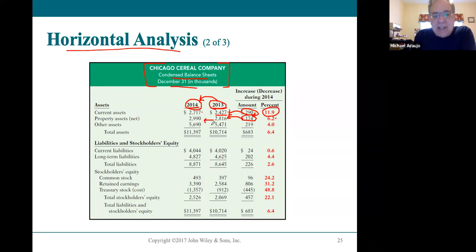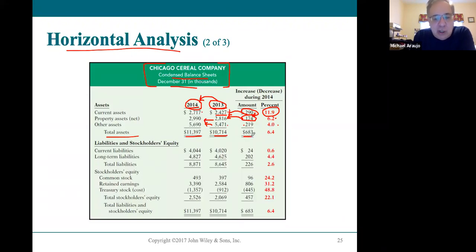Other assets, the base was 54.71, went to 56.90. That's an increase of 219 over a base of 54.71. That's an increase of 4%. And when you look at total assets, they went from 10,714 to 11,319.